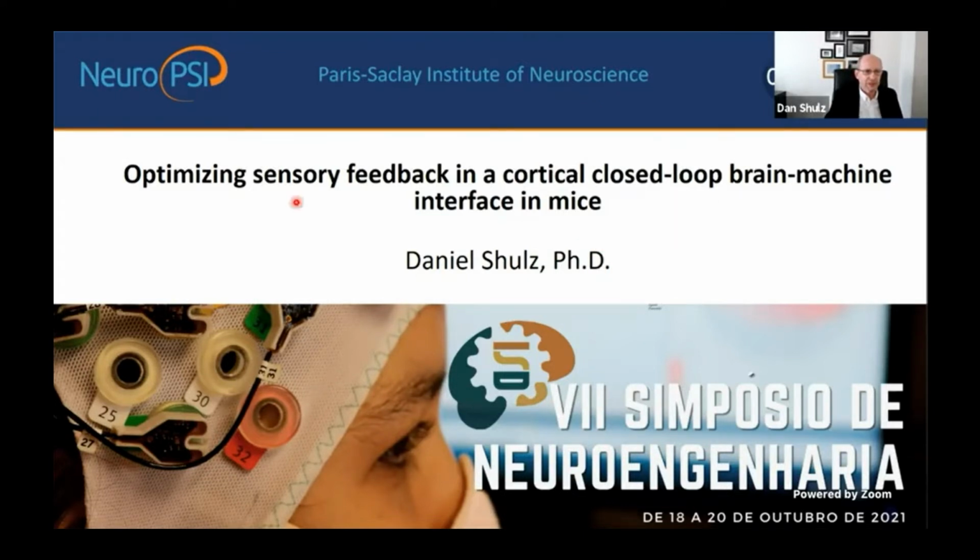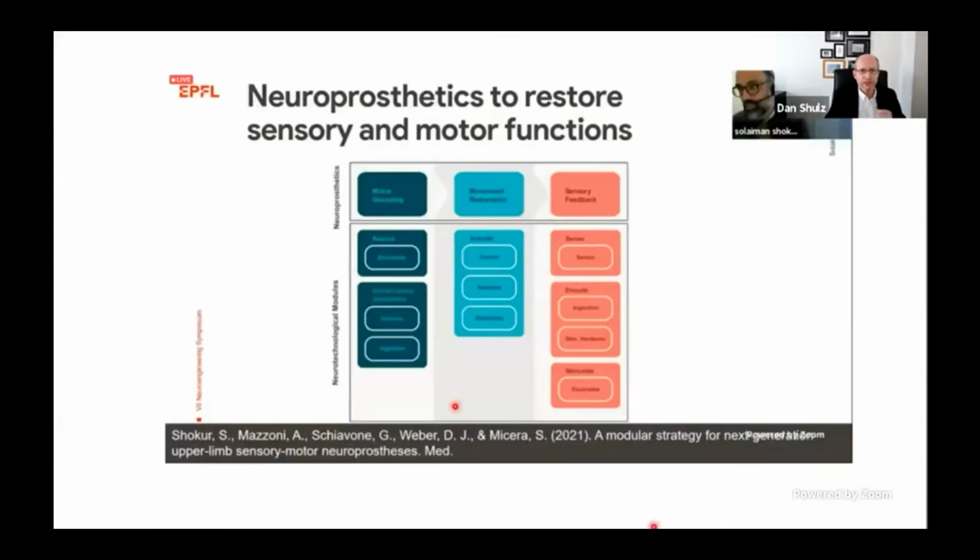So I will talk about optimizing sensory feedback in a brain-machine interface in rodents. For those of you that were at Dr. Shokur's talk yesterday, he was talking about neuroprosthetics and proposed a modular strategy in which neuroprosthetics are defined by three fundamental blocks: the motor decoding, the movement restoration, and the sensory feedback restitution.